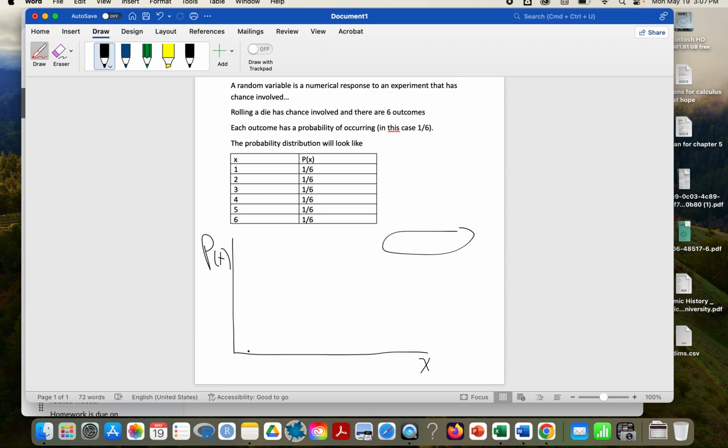And so our responses are 1, 2, 3, 4, 5, and 6. And since all of these have the height of 1/6, I can draw my bars to be the height of 1/6. But notice that's a histogram, so I have to make the bars touch. So my class boundaries go at the half marks.